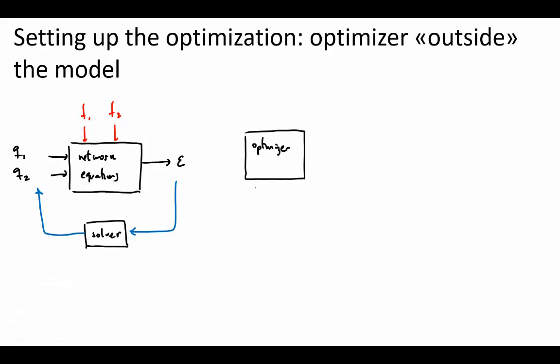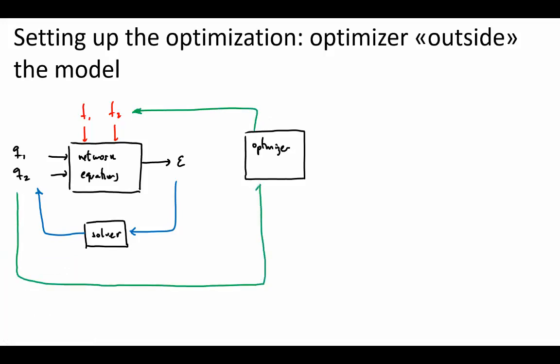Okay, and the optimizer is going to be writing what? The optimizer is going to be writing these F's, right? But it's going to be reading these two rates. So the optimizer has to maximize Q1 plus Q2, for example.